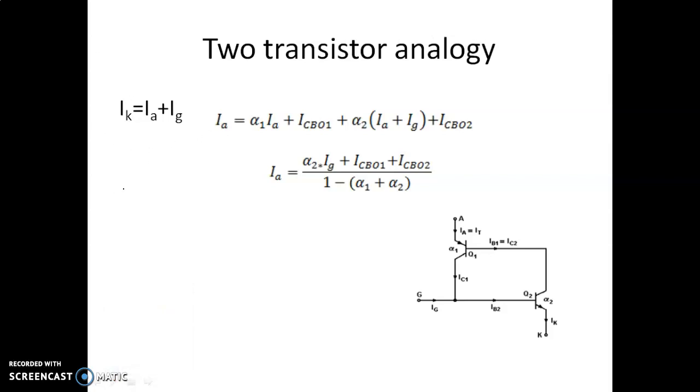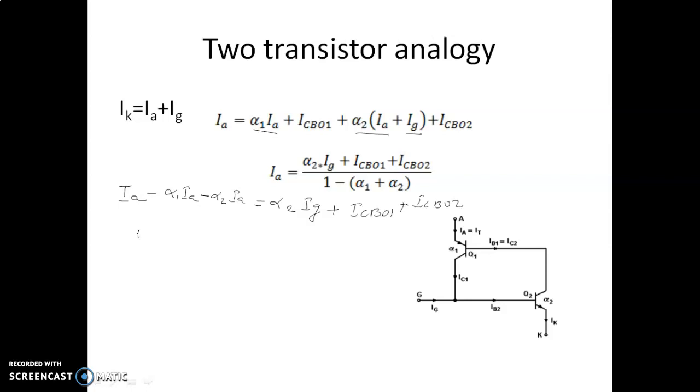See, the terms with IA can be taken to the left side: IA minus alpha 1 IA minus alpha 2 IA is equal to alpha 2 into IG plus ICB naught 1 plus ICB naught 2.